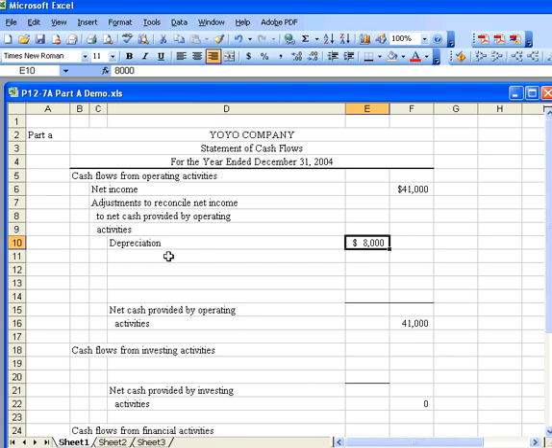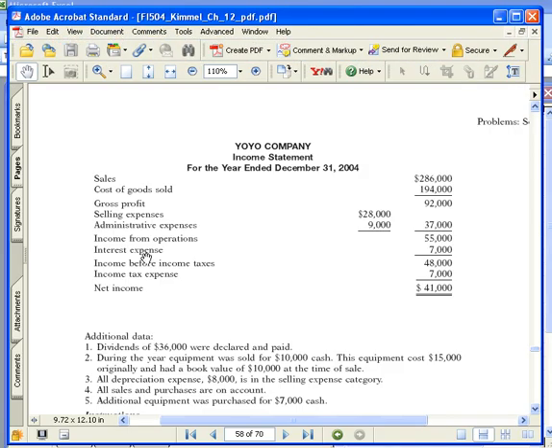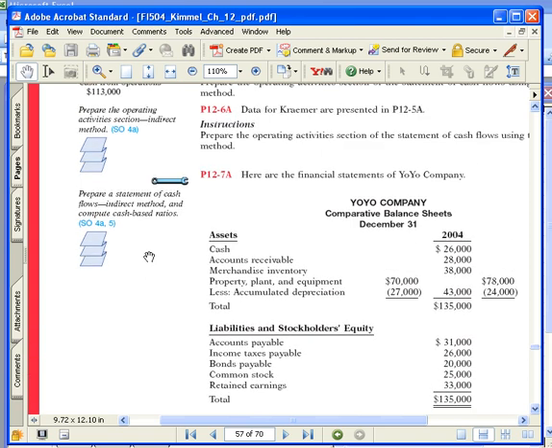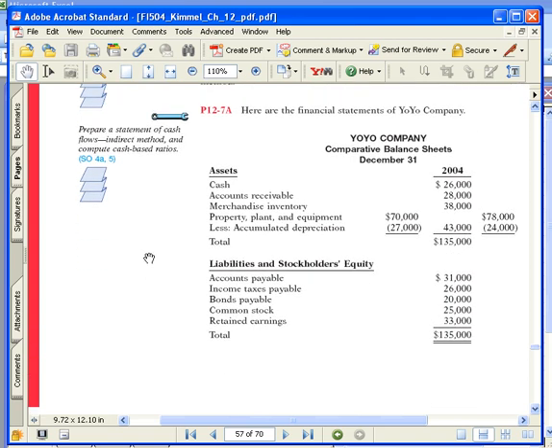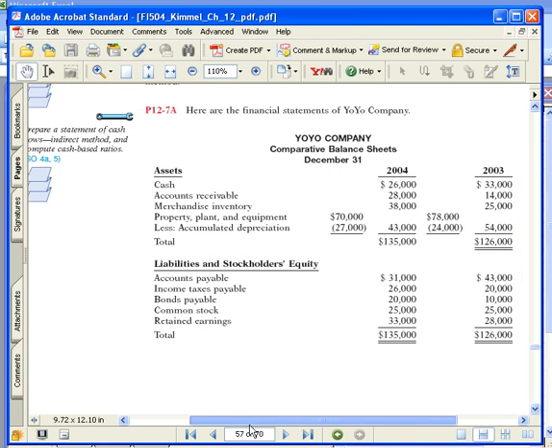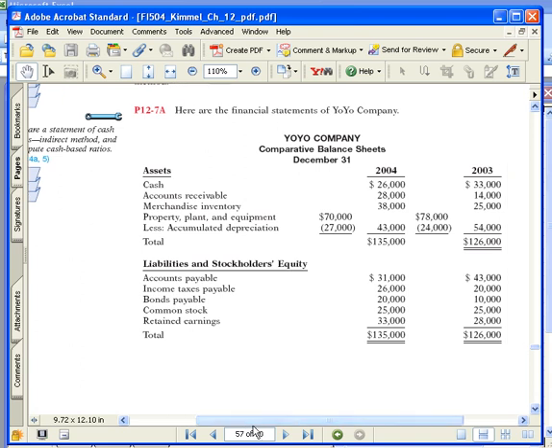Next, what I would want to do is walk through the various current accounts to see how they've changed for the period. So I'm going to go back up to the comparative balance sheet on 12-7. Let's slide this over so we can see everything. And we see that accounts receivable went from $14,000 in 2003 to $28,000 in 2004. Maybe I should change this to a pointing tool. That's okay. We'll live with it as it is.